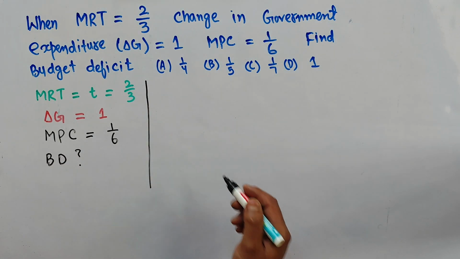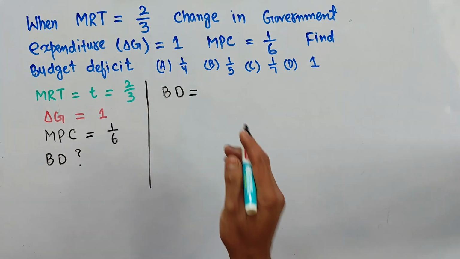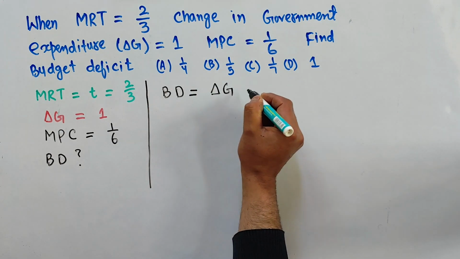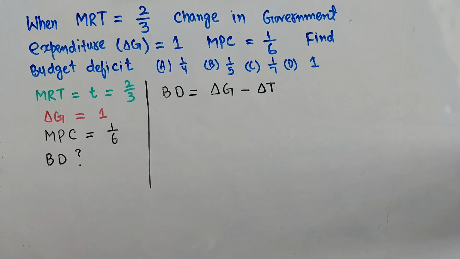Now what is actually budget deficit? Budget deficit is simply the difference between the government expenditure and the tax revenue.